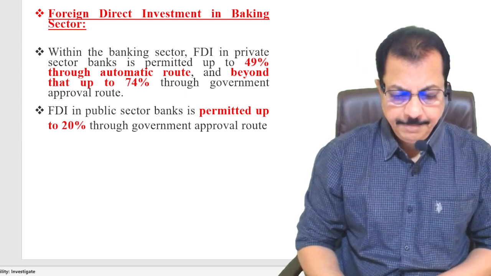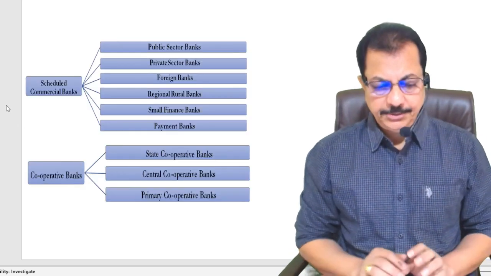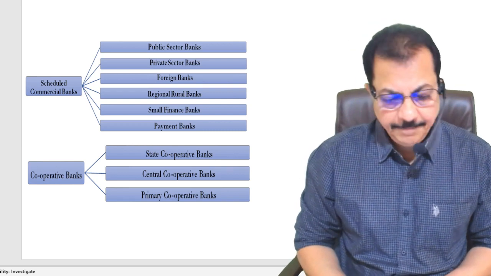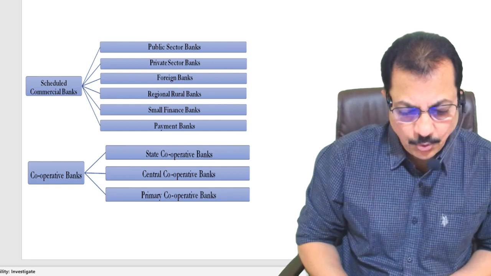Is that clear? Now let's go ahead and discuss more points. Look at this for your better understanding. These are the scheduled commercial banks, and these are the cooperative banks.